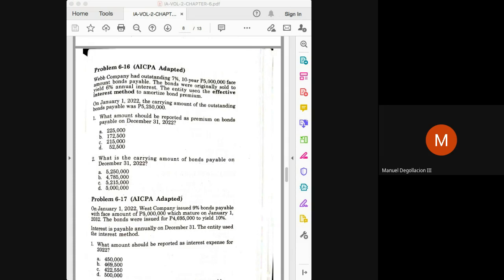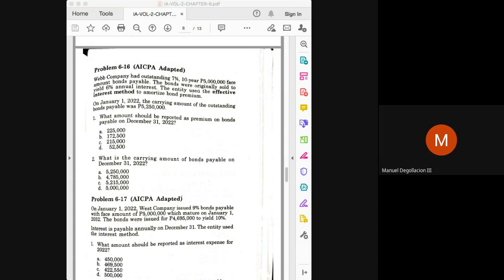All we have to do again, if we're looking for the carrying amount, is to deduct the unamortized discount or add the unamortized premium, deduct the remaining discount or add the remaining premium. So how much is the face amount here? 5 million. How much is the remaining premium, the unamortized premium as of the end of December 31, 2022? 215,000.